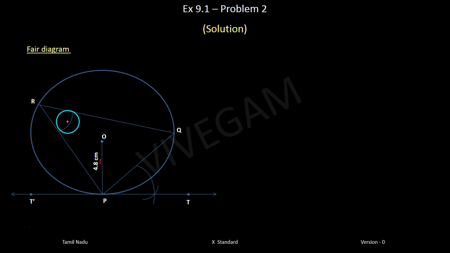Then you measure the length of this segment, and with the same radius but with this as the center, you draw one more arc, cutting the first arc. That point of intersection, if you connect with P, gives you an angle QPT which is equal to this angle, that is PRQ. So that is how this problem needs to be done.